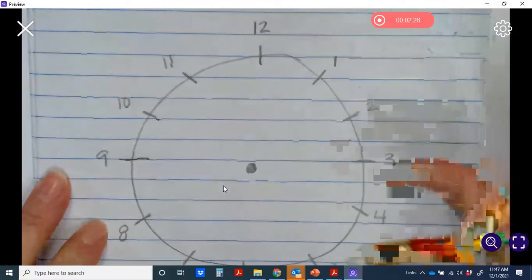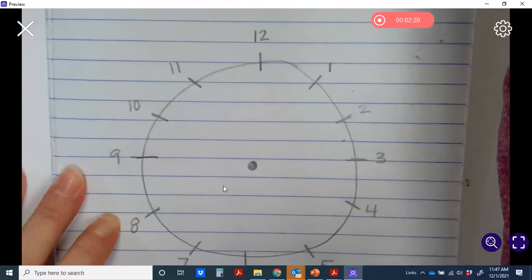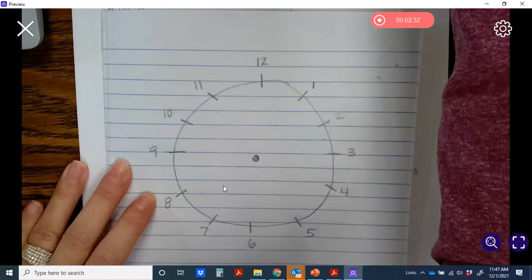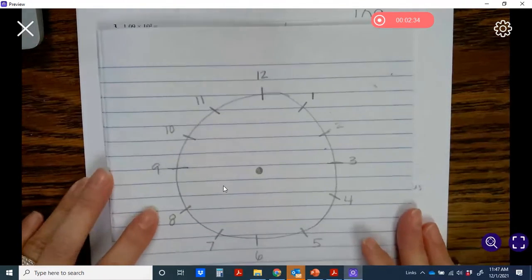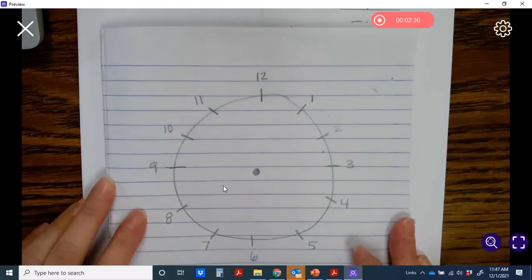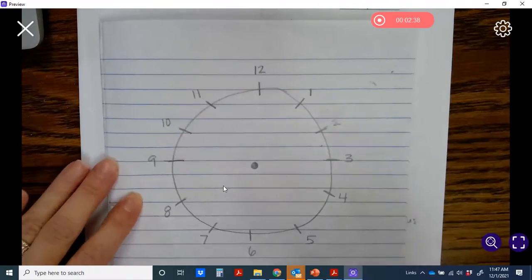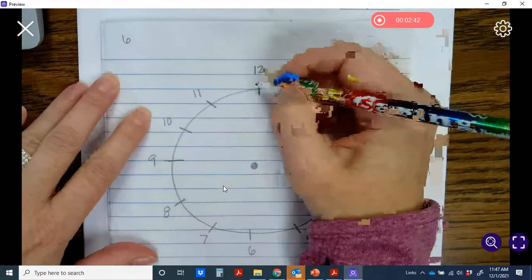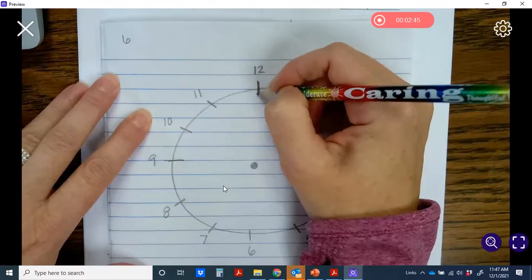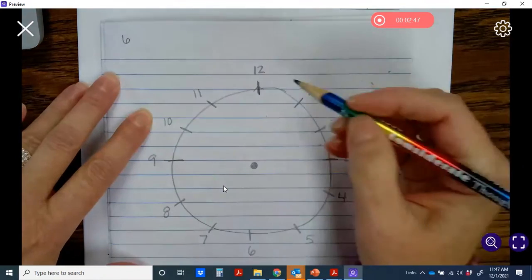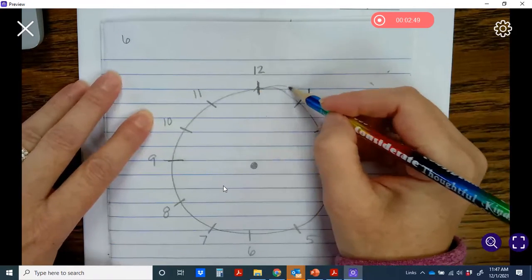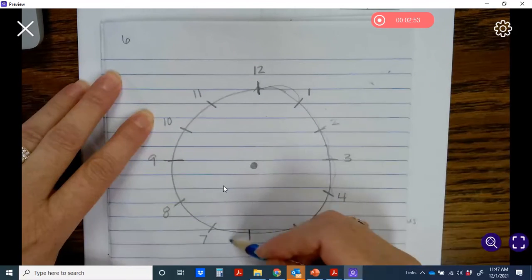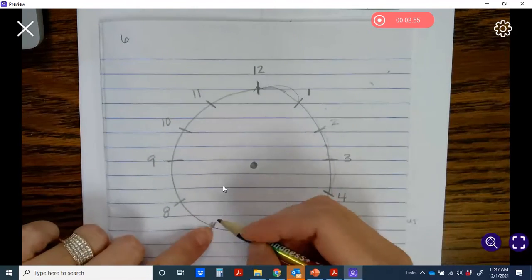All right, so it's 6 a.m. 6 a.m. is at the top of the clock, okay? So we're going to go 35 minutes. 5, 10, 15, 20, 25, 30, 35. So I'm right here, and that's 6:35.